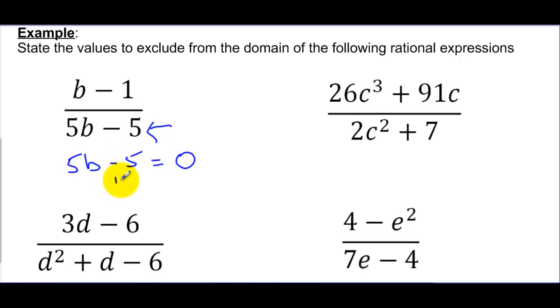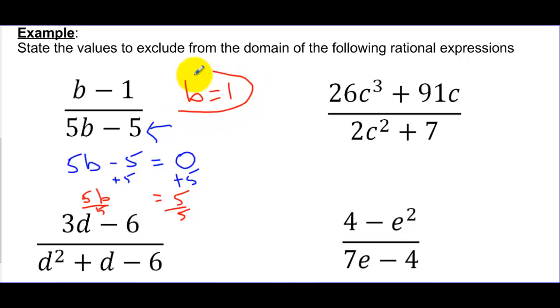If I add 5 to both sides, that means 5b is equal to 5, and then I divide both sides by 5, I find out that b is equal to 1. This value makes the bottom of the fraction equal 0. So I'm going to say this value is not a part of the domain.